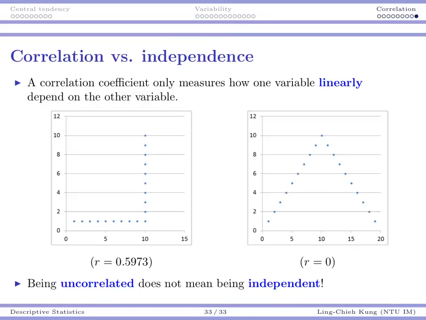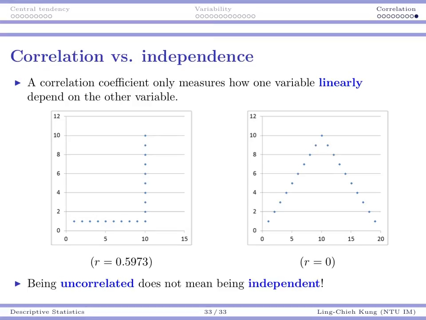Lastly, I'd like to warn you about the difference between correlation and independence. A correlation coefficient only measures how one variable linearly depends on the other. What does that mean?